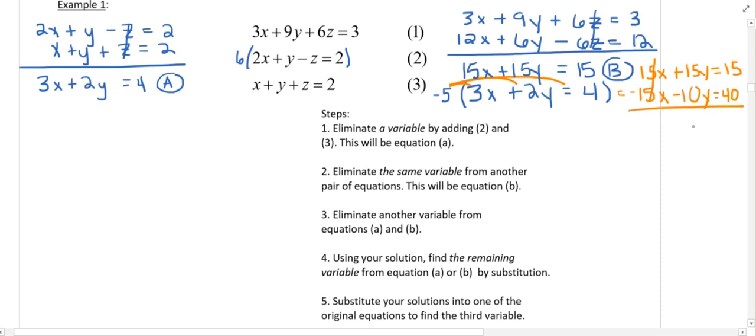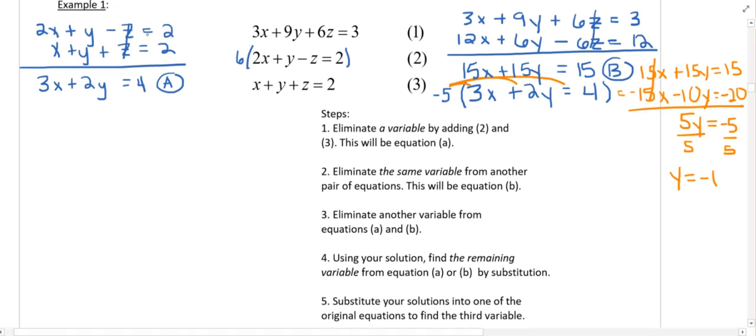I have 15 minus 10, that'll give me 5y equals 15. Oh, that should be a minus 20, not 40, sorry about that. Minus 20, so negative 5, which means I divide by 5 and I get my first solution here, y is negative 1.